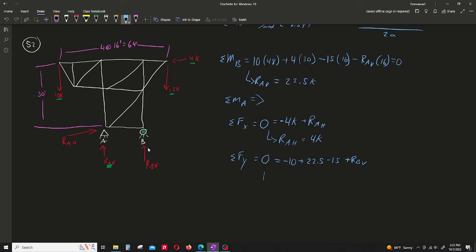So RBV is just equal to 22.5 minus 10, which gives us 12.5, minus 15, which gives us what? Let me grab my calculator. Negative 10 plus 22.5 minus 15. Okay, so negative 2.5.